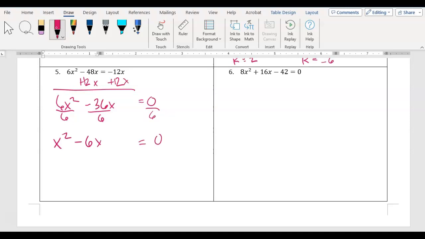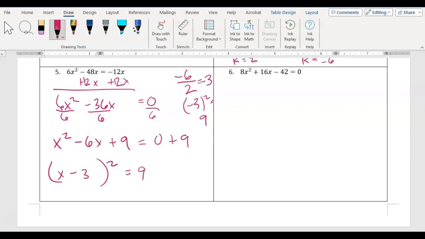Now I can complete the square by saying half of 6 is 3, negative 3, and negative 3 squared equals 9. So I can add 9 to both sides. This now is x minus 3 squared equals 9. And so then I can take the square root and get x minus 3 equals plus or minus 9. Okay, that's another way that you can tackle this problem.